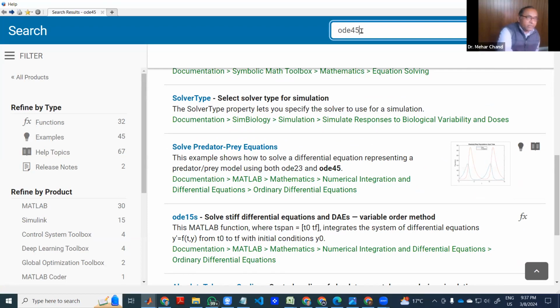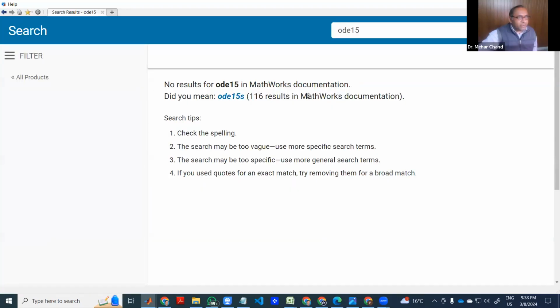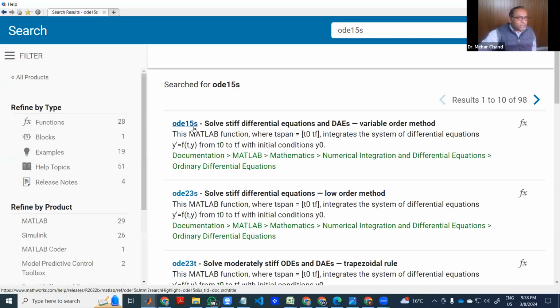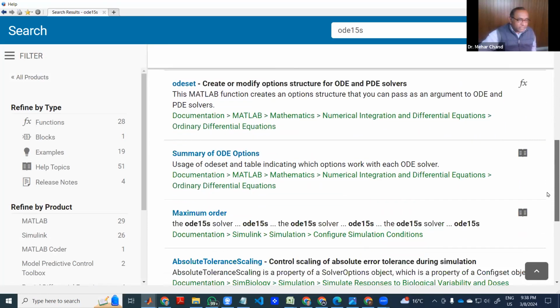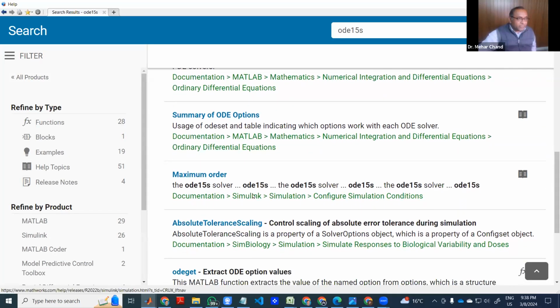In the older version of MATLAB, these were ODE15, but now these are changed into ODE15s. ODE23s, ODE23t. Okay, there are several inbuilt functions which we can use.